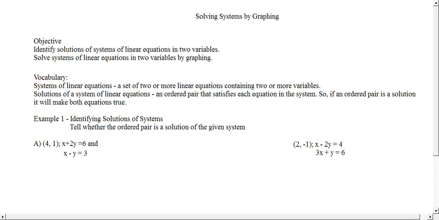So let's take a look at an example. We want to tell whether the ordered pair is a solution of the given system. They're giving us the ordered pair 4, 1. Again, this is x and y.